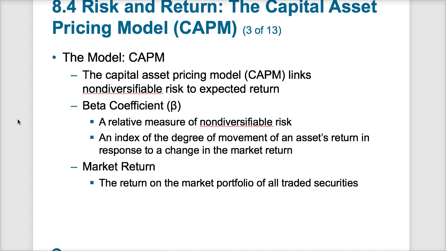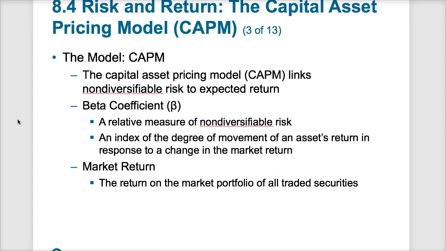Okay, let's go back to the capital asset pricing model, or CAPM. This is a model that's going to work with the non-diversifiable risk, and we're going to link that to the expected return. We're going to utilize what's called beta coefficient, which is going to be our measure of the non-diversifiable risk. So beta coefficient is sort of closely related to those coefficient factors we talked about earlier, and we'll talk more about this in a few minutes.